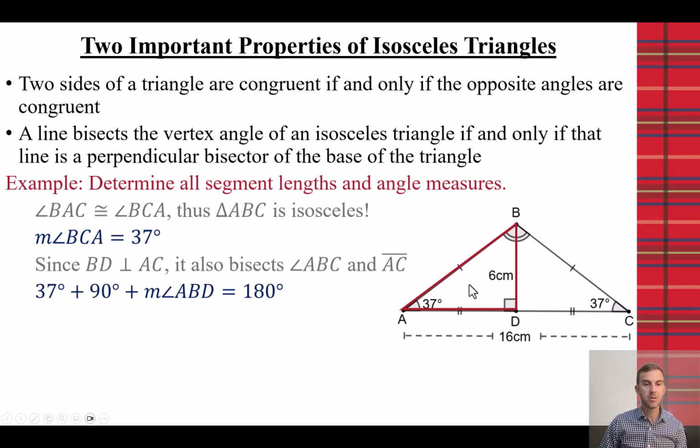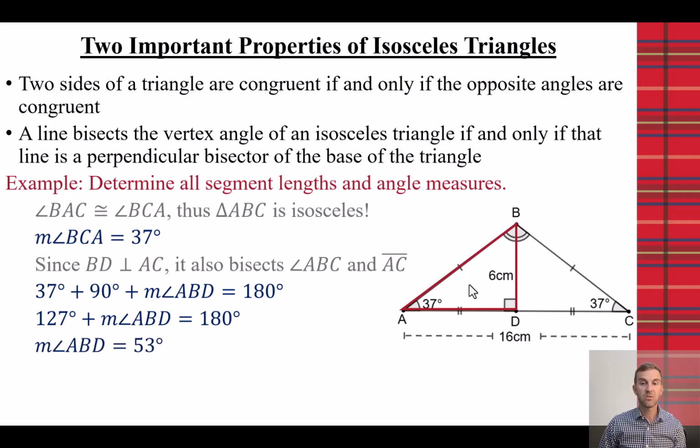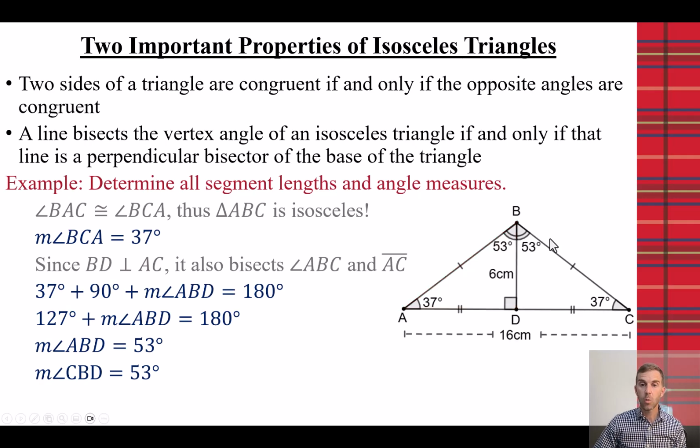So I can add them together to make 180 degrees. And when I simplify that, I'm going to get 53 degrees. And because it's got double tick marks, because they're both the same measure, because it's bisected, I know both those angles are 53 degrees, which means the whole angle ABC would measure 106 degrees.